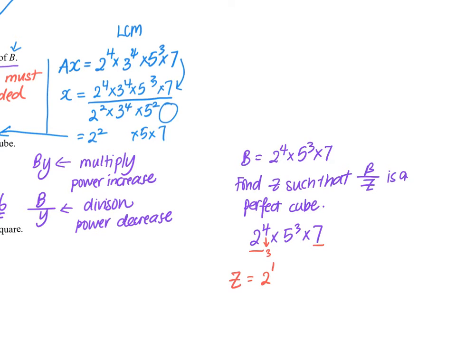This one is 7. I cannot increase the power to make it become 7 cube. So I totally divide it away, get rid of the 7, so that there will be no number already. So I'm going to divide by 7 as well. Okay, so when I have division, the power decreases, therefore this answer is 14. When you multiply and when you divide, the concepts are different. They are not the same answer.